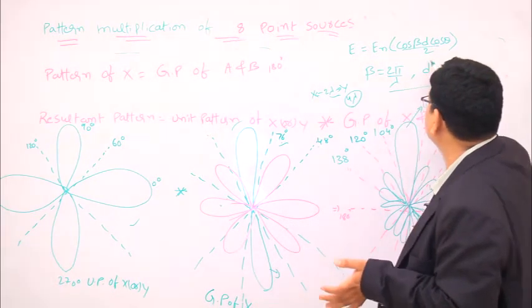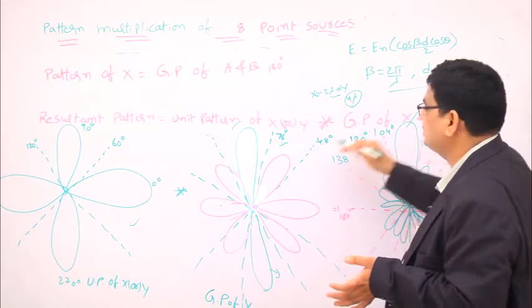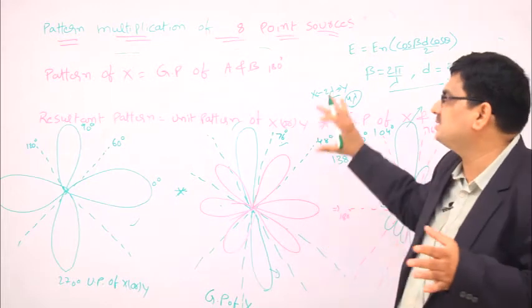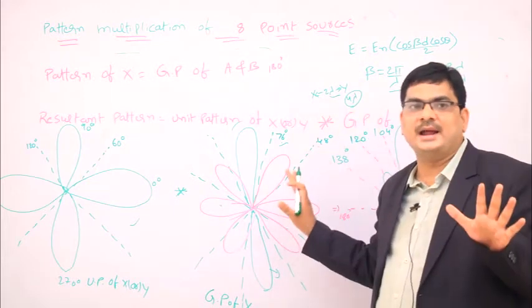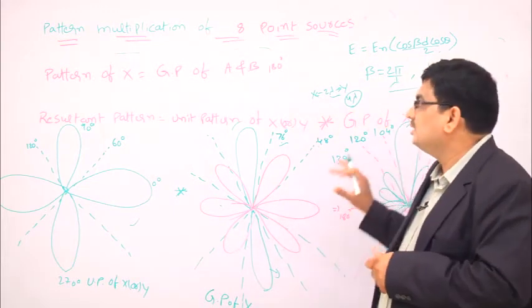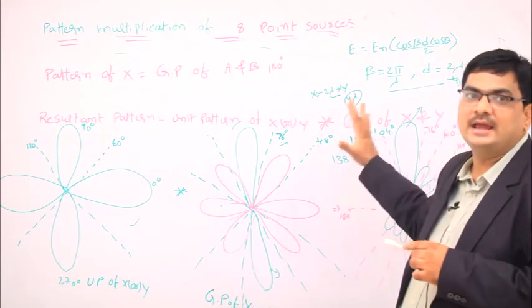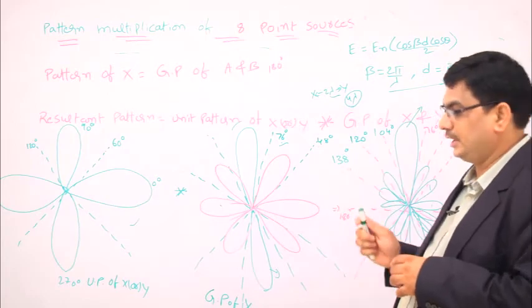Again you substitute 4 lambda and find the radiation pattern. Like that, by the method of inspection, you can simply draw your radiation pattern. So this is the simple way we can draw the radiation pattern of 4 element and 8 element arrays. Thank you.